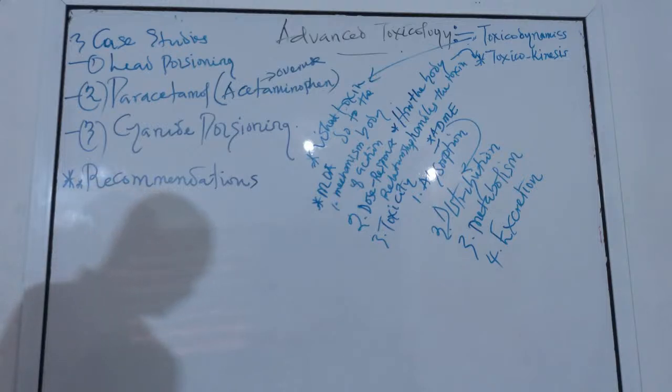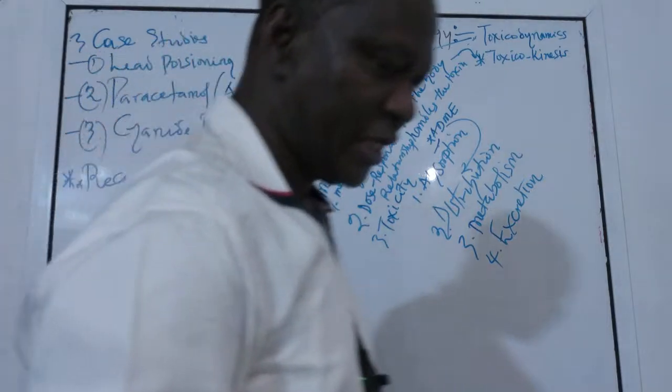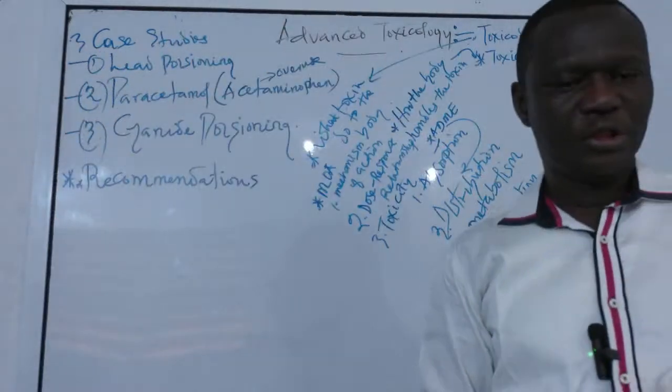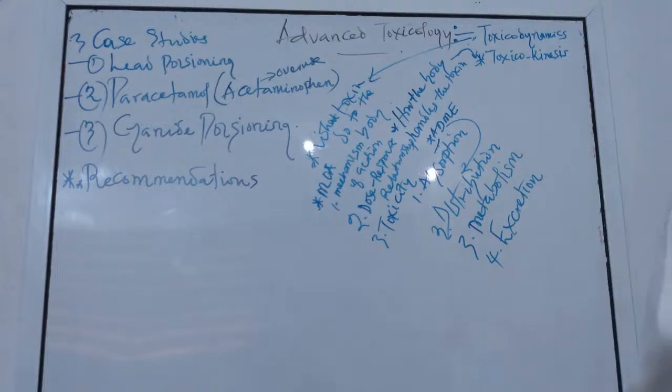Don't forget that a toxin is any chemical or substance, which could be natural or synthetic, to which we are exposed, and at the end of the day it is going to cause harm depending on the route of administration as well as the dosage.